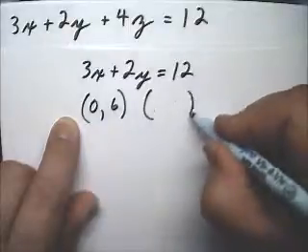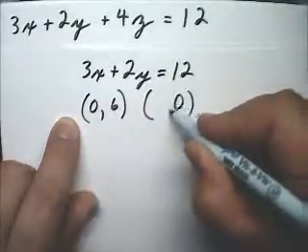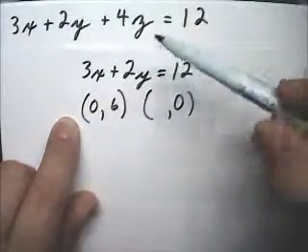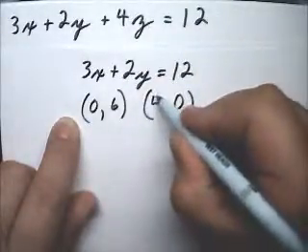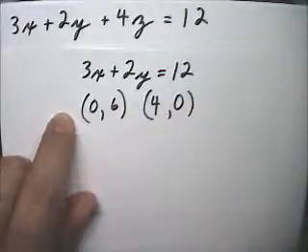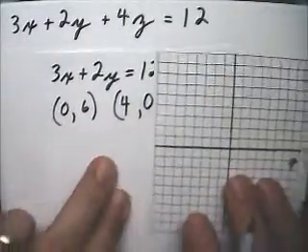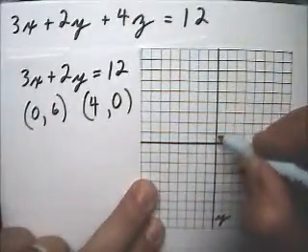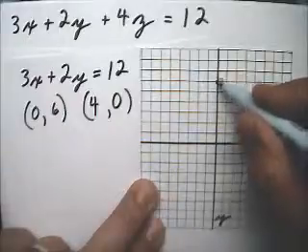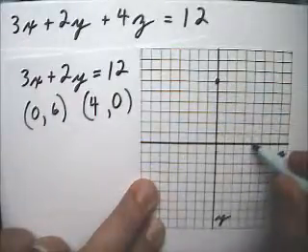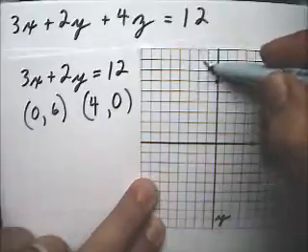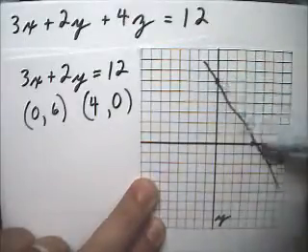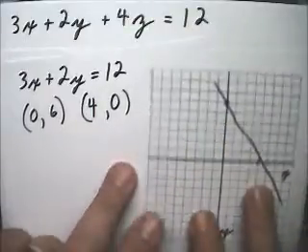And in a similar fashion, we would let y be 0, and then we'd have 3x equals 12, and if 3x equals 12, then x equals 4. So then we would graph the point 0, 6, and 4, 0, and then the graph would be this line because it connects the 2 points, and it's got all the points between and beyond.